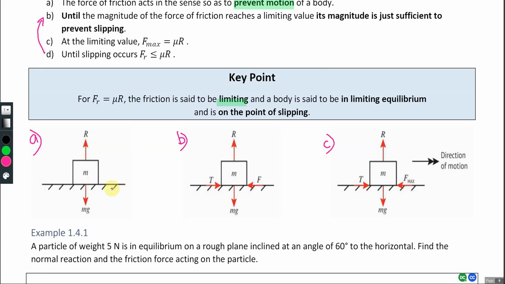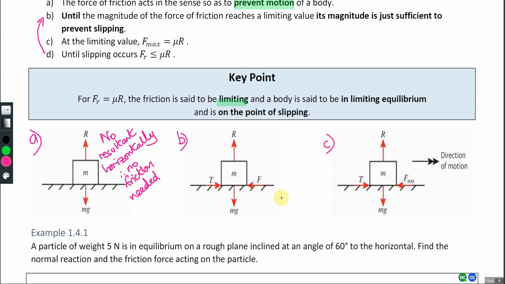It might be a rough horizontal surface, so friction could act if it was needed to, but since there's no reason for this object to move horizontally, then friction doesn't need to act. So because there's no resultant horizontally, then there is no friction needed to keep this object where it is.